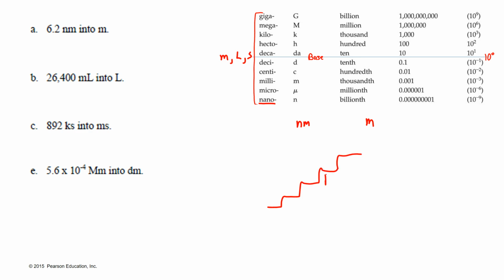If this is your base, you would have milli, centi, deci, base, and then deca, hecto, and kilo. And you would just count and move the decimal.